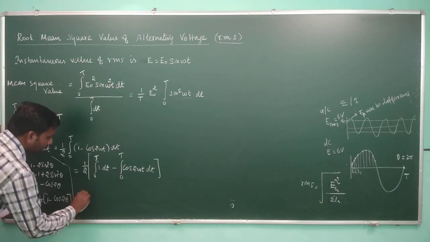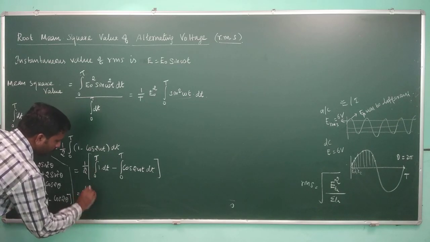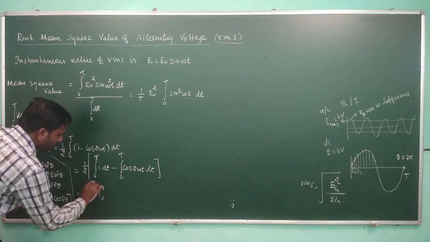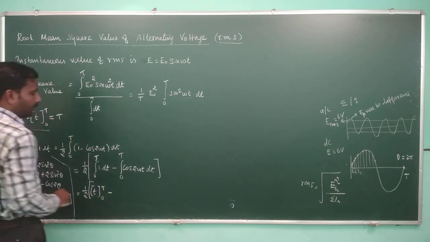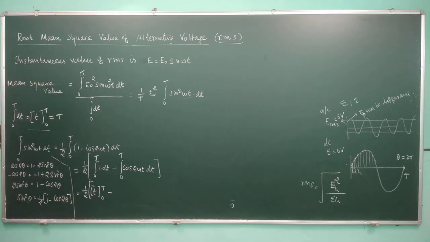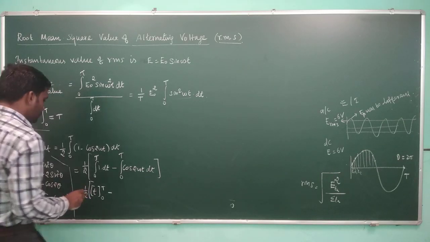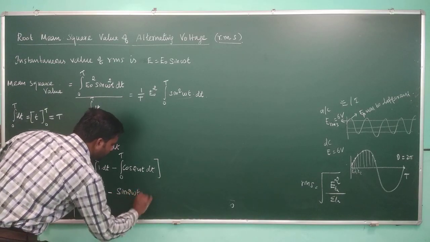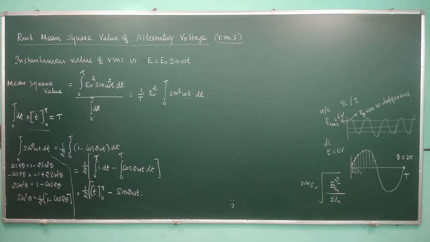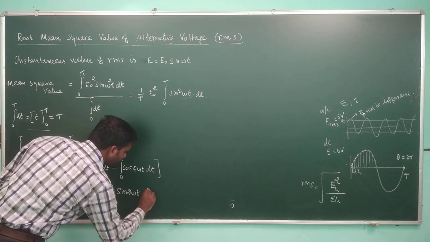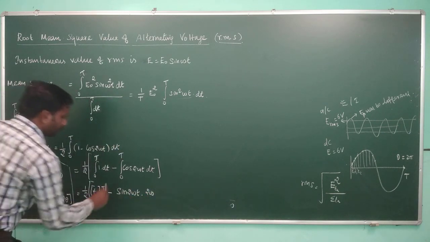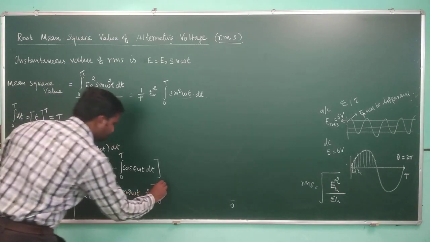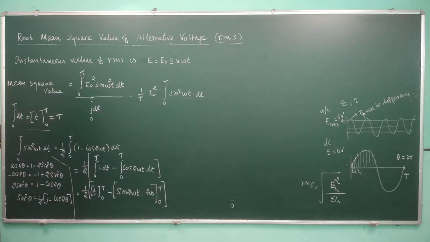Here it becomes 1 by 2 times t from 0 to T, minus the integral of cos theta, which is sin theta, so this becomes sin 2 omega t, and d of 2 omega t gives 2 omega. This is from 0 to T.